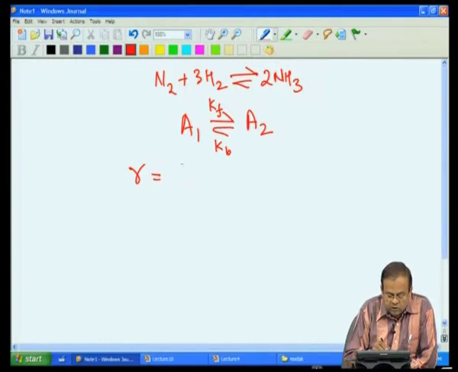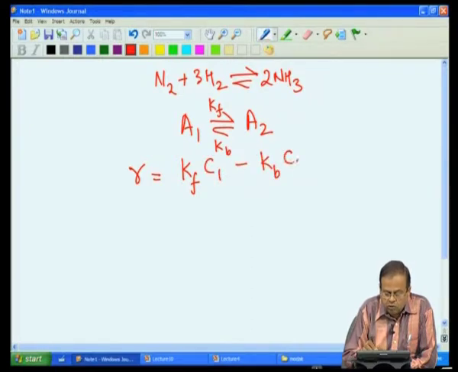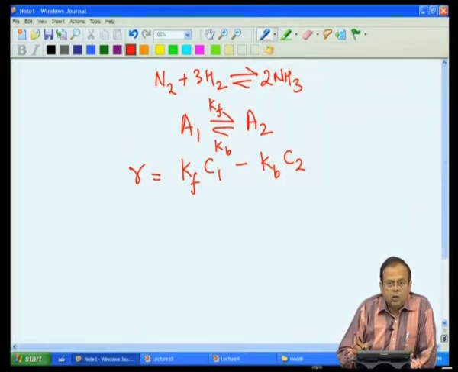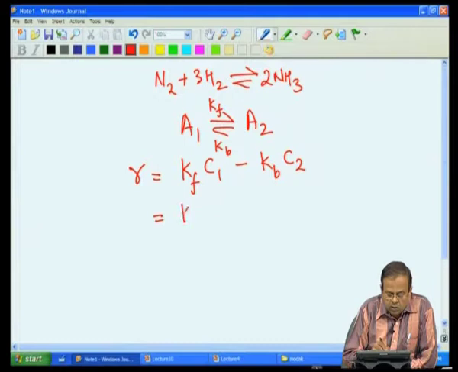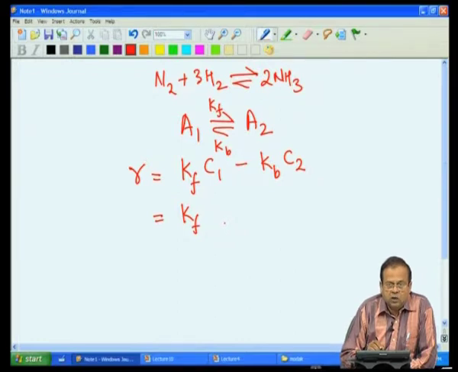So, rate of this reaction is Kf into C1 minus Kb into C2. We now express C1 and C2 in terms of extent of reaction, which are obviously related to each other. So, C10 into 1 minus alpha, and let us assume that there is no A2 present in the beginning.